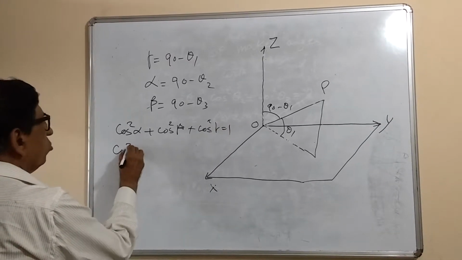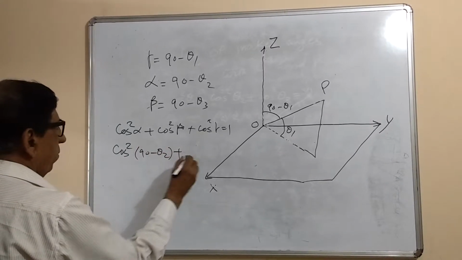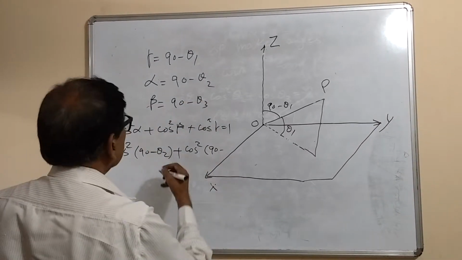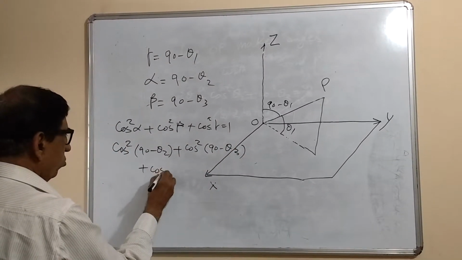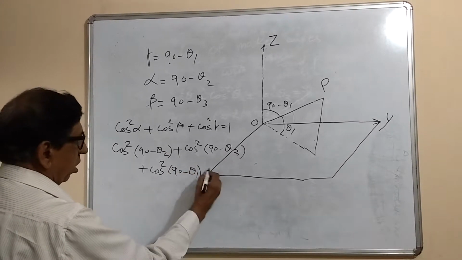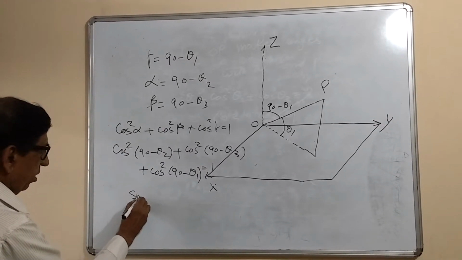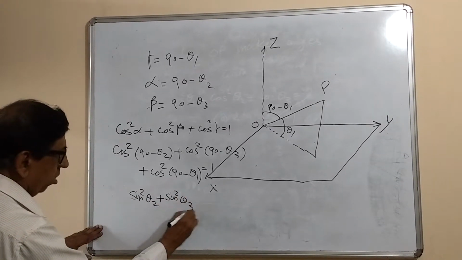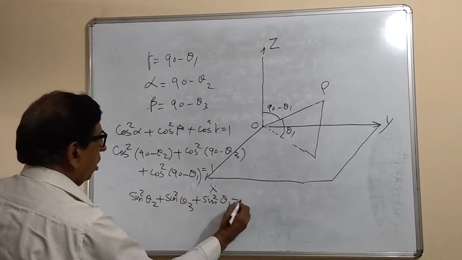Therefore, cos square 90 minus theta 2 plus cos square 90 minus theta 3 plus cos square 90 minus theta 1 equal to 1. But cos 90 minus theta means sin theta. That is sin square theta 2 plus sin square theta 3 plus sin square theta 1 equal to 1.